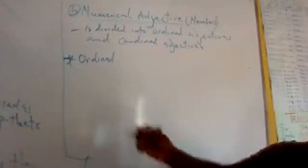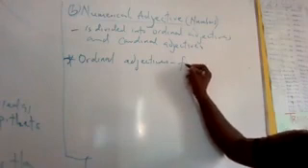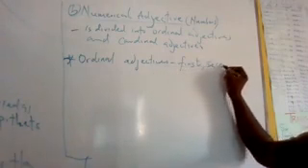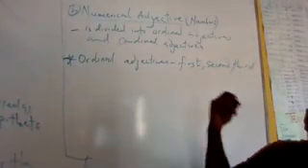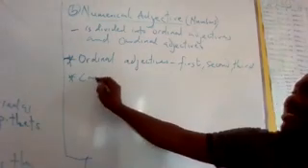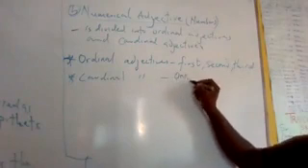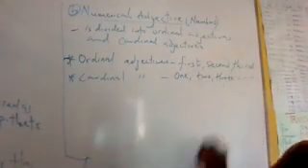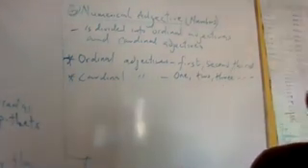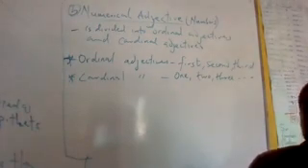When we say ordinal, we're talking about first, second, third, etc. While in the case of the cardinal adjectives, they were talking about 1, 2, 3. So please note the difference. Ordinal, first, second, third, has to do with position, while your cardinal has to do with numbers, the direct numbers. 1, 2, 3, 4, like that.